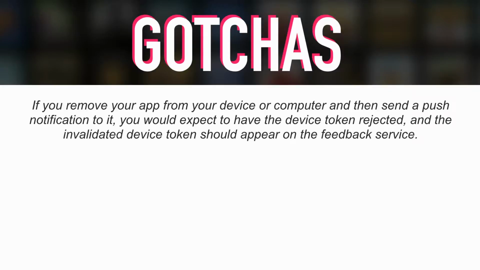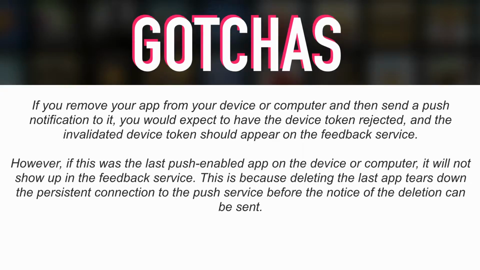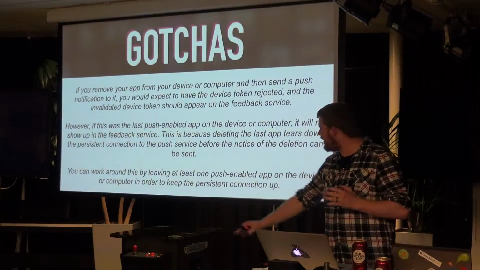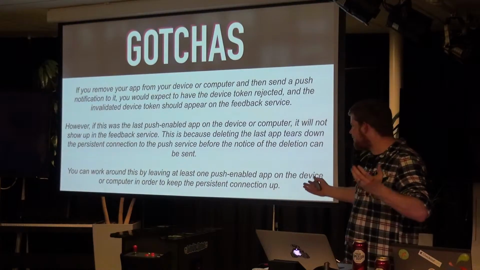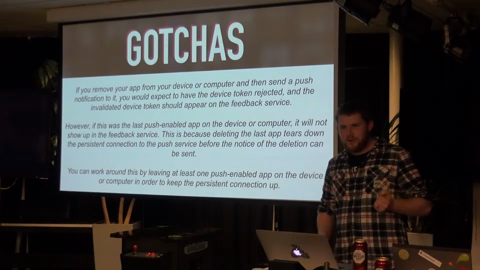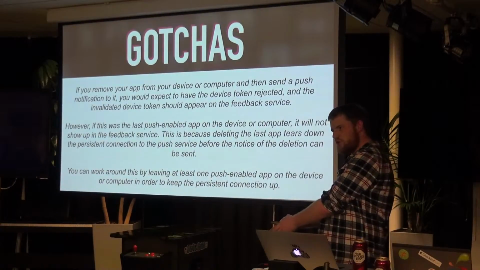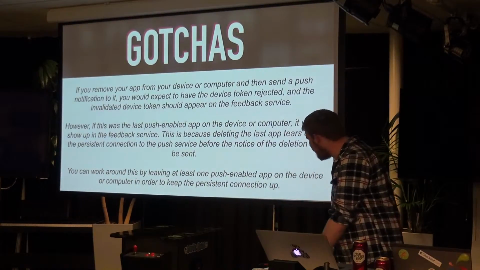Seems perfectly reasonable. You read the next sentence. However, if it was the last push-enabled app on your device, you've lost the consistent connection to the feedback service, and it's just not going to show that. So using this as a point of knowing whether tokens are valid or not is just not reliable.